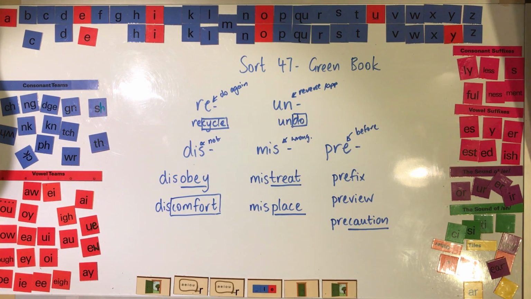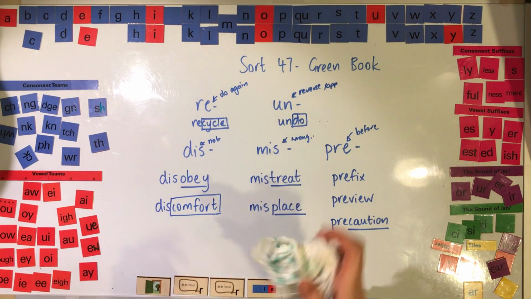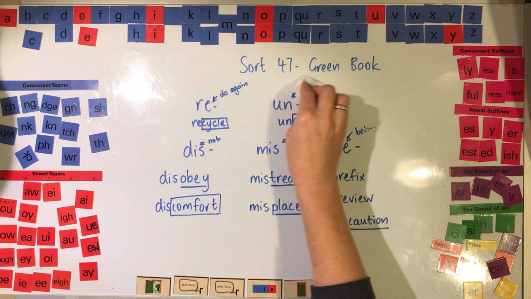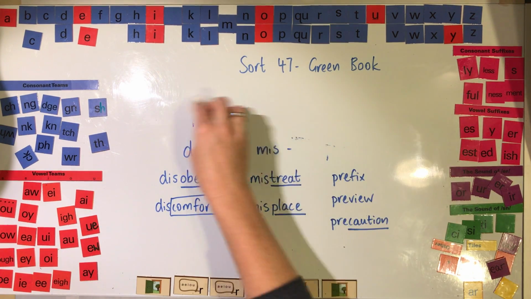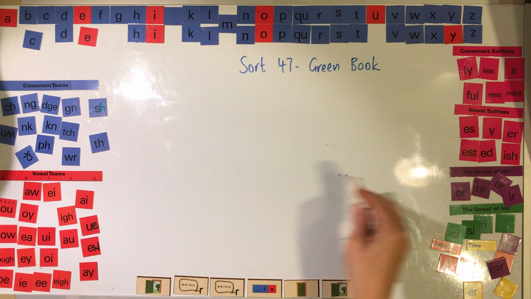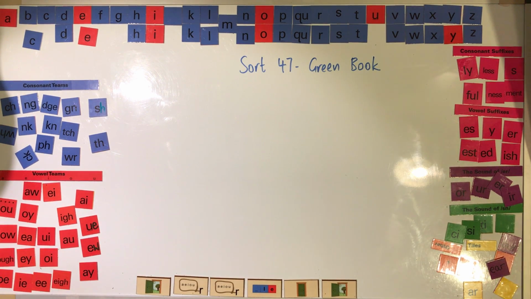So you can see that probably un and dis are similar in meaning. So there's going to be some words that just naturally will have one or the other, because you don't unobey, you disobey, and you don't unagree, you disagree. So some words just naturally will use un versus dis.